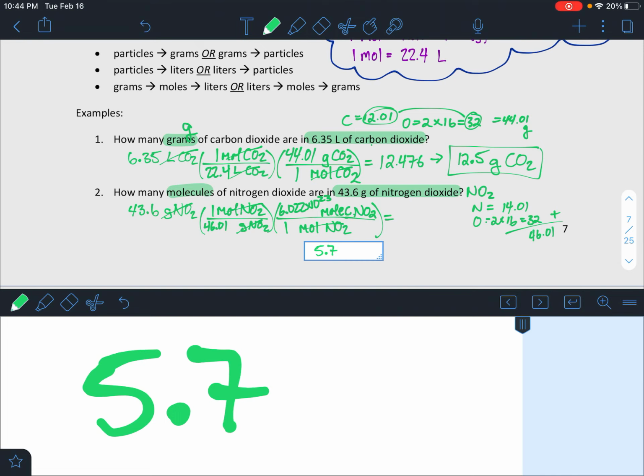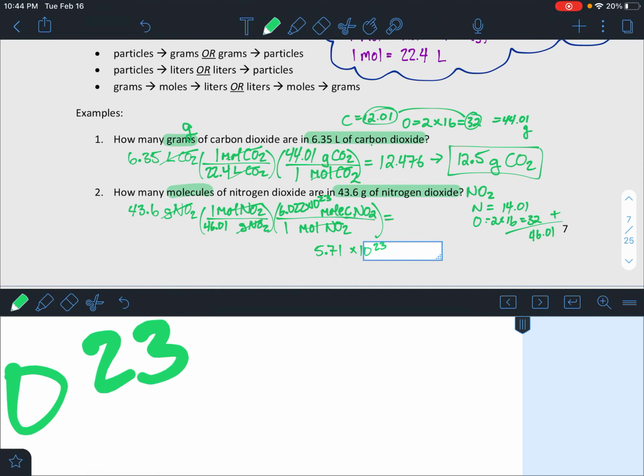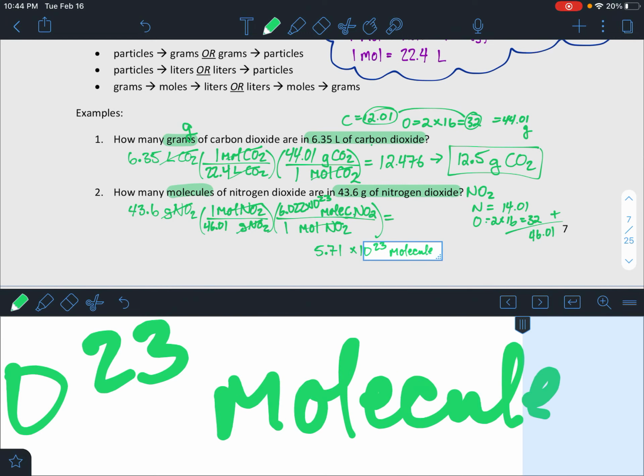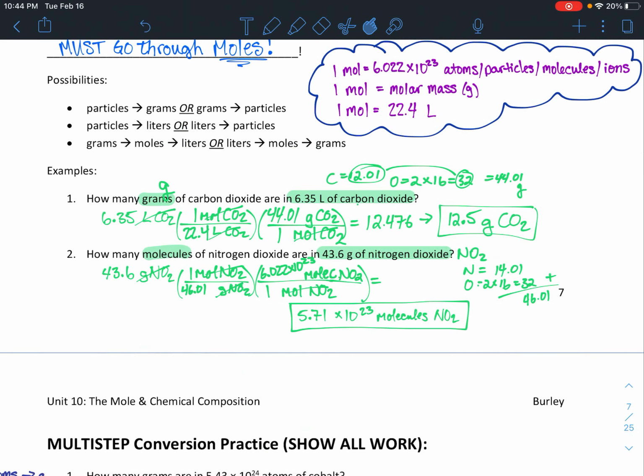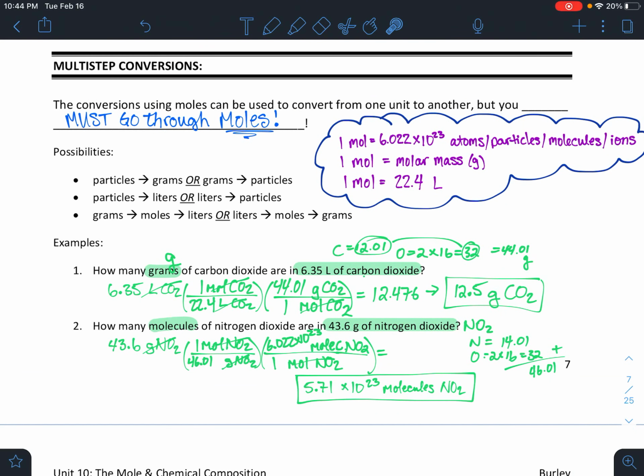So that 6 is going to round that 0 up to a 1, and then it's times 10 to the 23rd. And the unit is molecules of NO2.